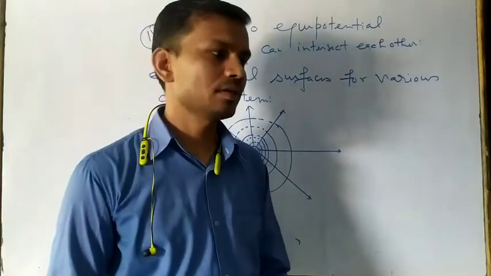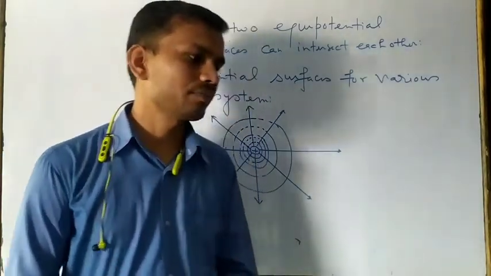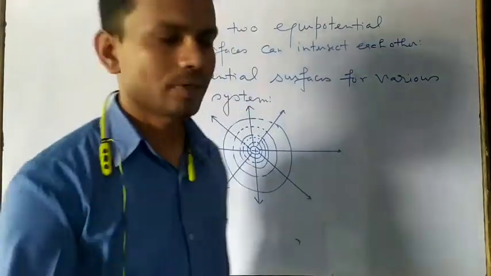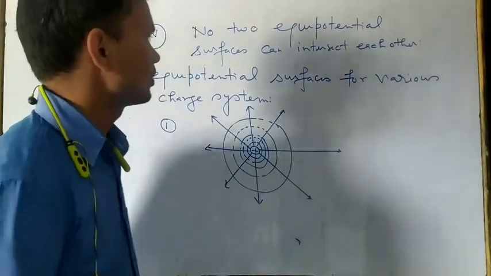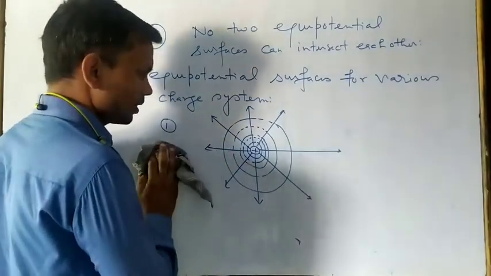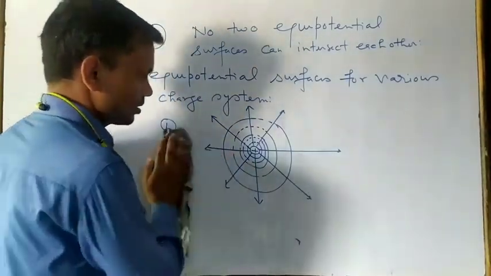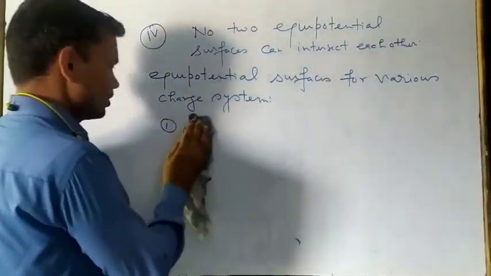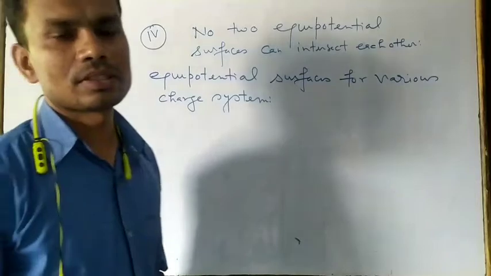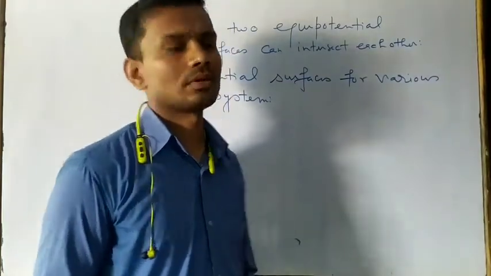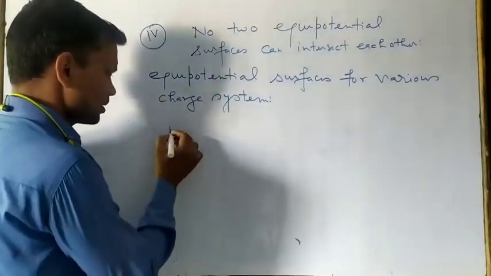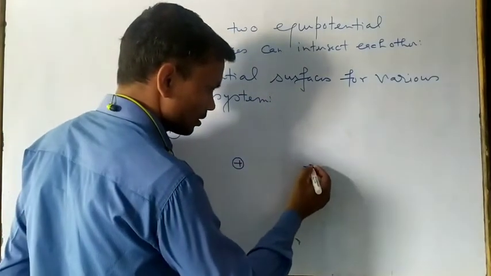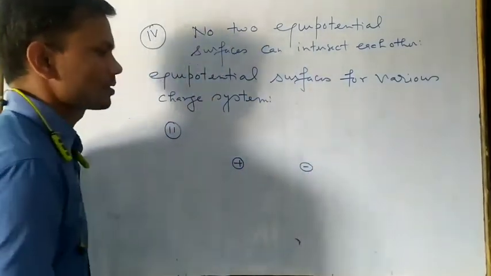Now suppose we are making one electric dipole. In that case, what is the pattern of the equipotential surfaces? The first was for an isolated positive point charge. The second one is for a system of equal and opposite charges, meaning one dipole. Suppose we are taking equal and opposite charges, one plus and one minus.